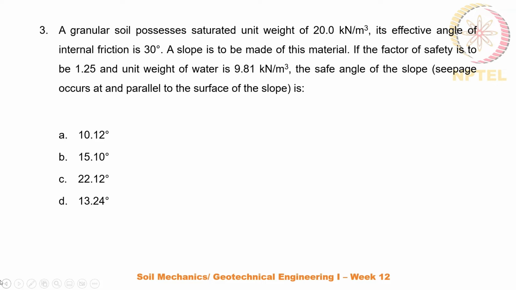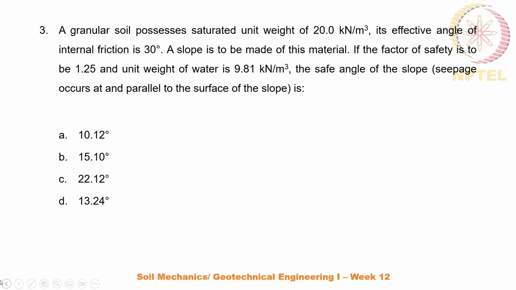So here we are given a granular soil sample with saturated unit weight of 20 kilonewton per meter cube and angle of internal friction 30 degrees. To make a slope with a factor of safety 1.25, what should be the safe angle of the slope is the question.